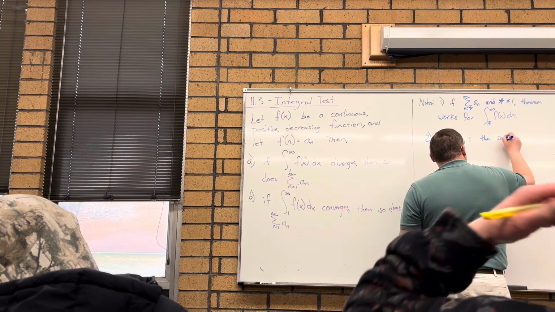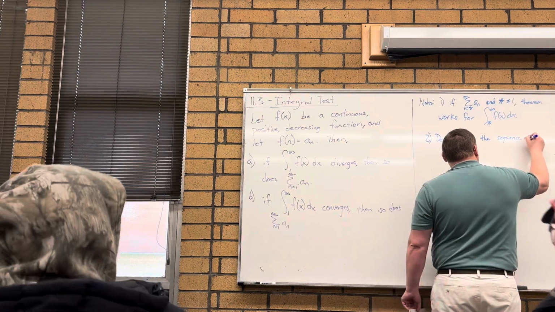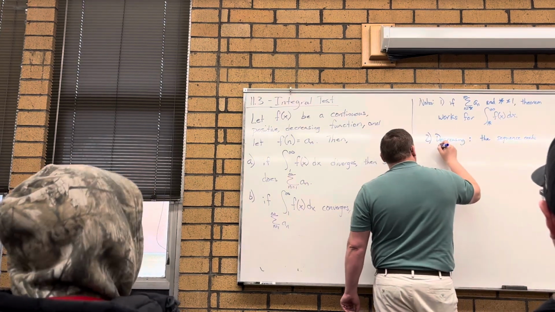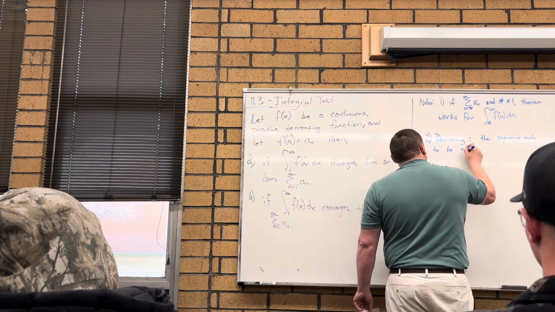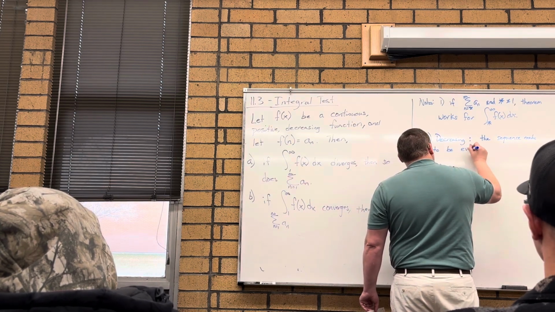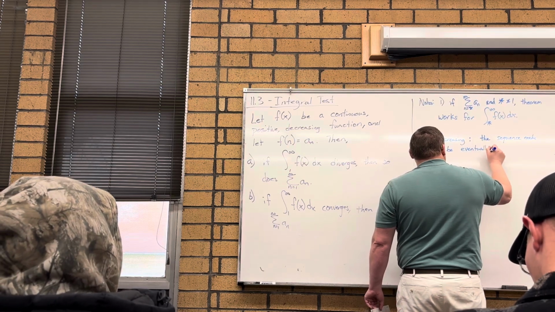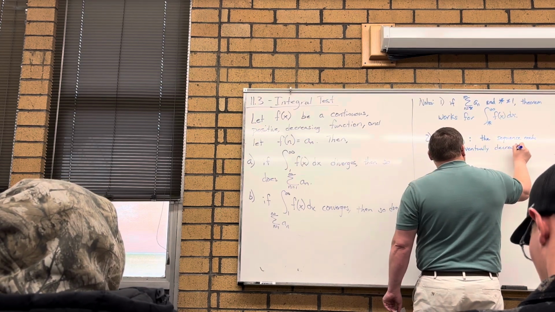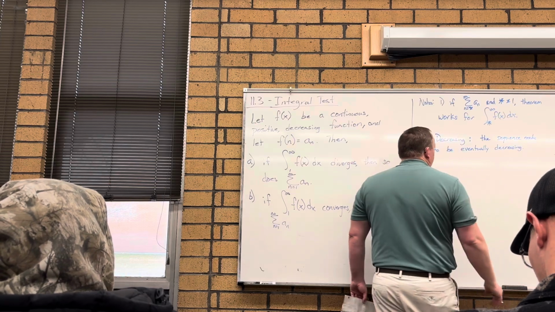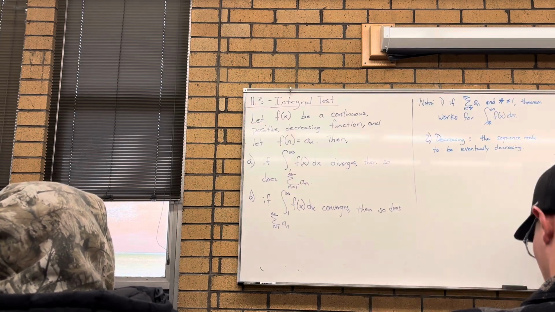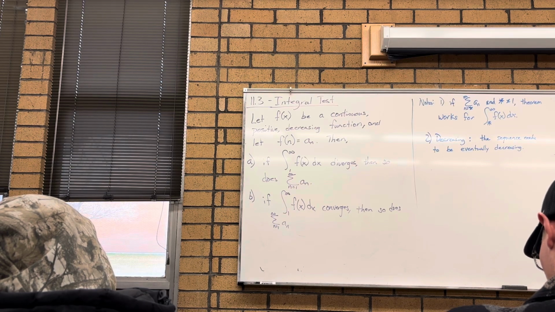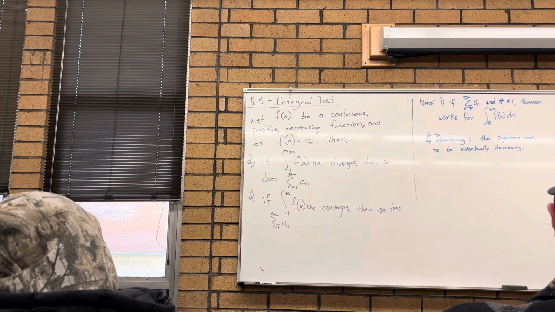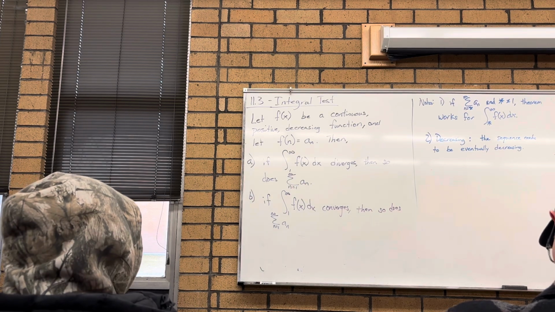The sequence of terms needs to be really eventually decreasing. So if we start at n equal 1, and from n equal 1 to n equal 2 it increases, and then from n equal 2 on after that it decreases, we're still okay.